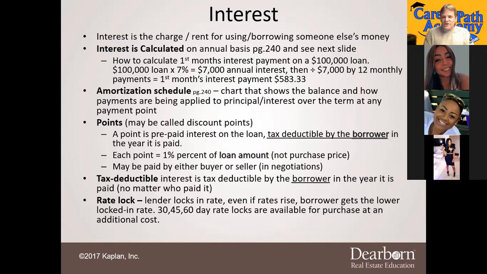So at the end of the year, the borrower is going to get an interest statement that they could report on their taxes. So if you manage to negotiate for the seller to pay points on the borrower's loan in advance, good for you. You got the seller to pay interest on the borrower's loan and the borrower gets to deduct it on their taxes. Win-win. Bravo, right?